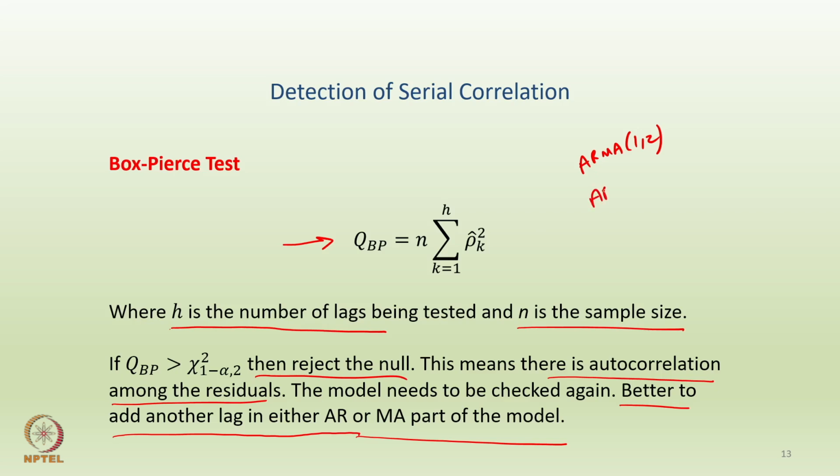One solution is to try adding some orders to either the AR or MA component. So probably try fitting, let's say, ARMA(2,2), or something like ARMA(1,3), and then do the entire exercise one more time. Once you identify the orders, apply some information criteria to choose between these, then estimate the model, and then proceed with diagnostic checking.